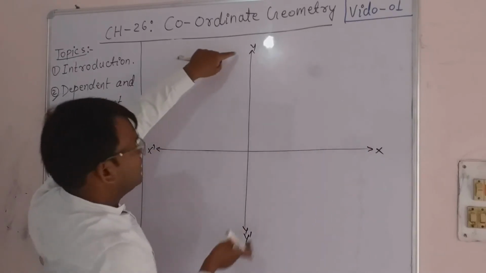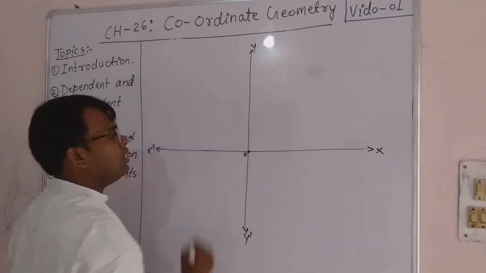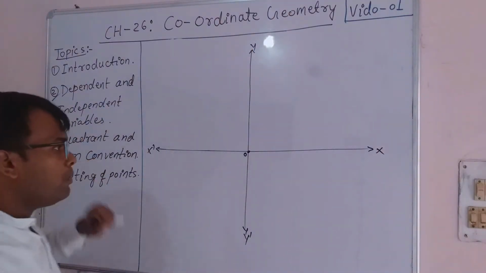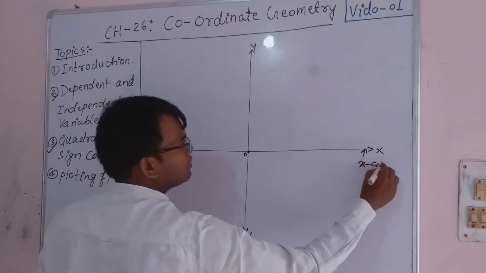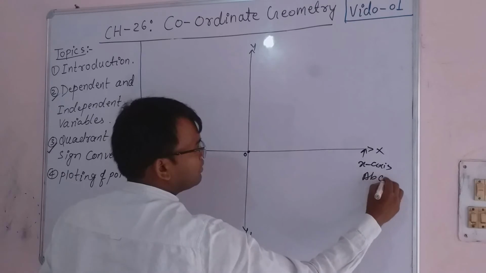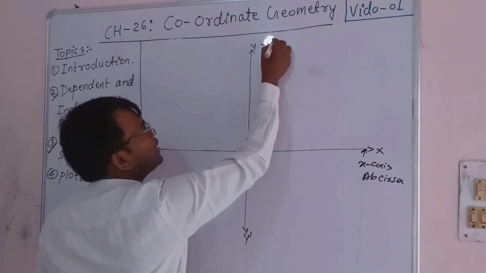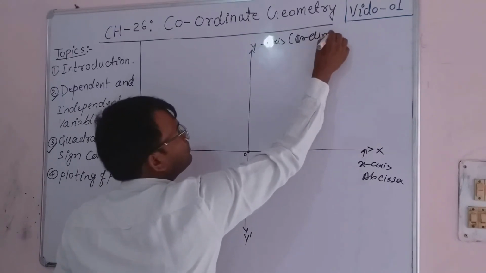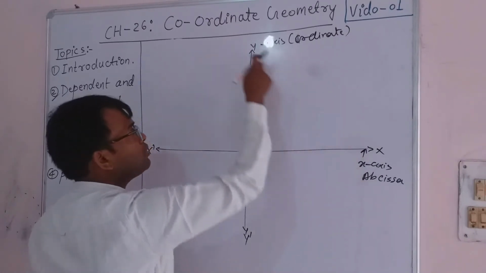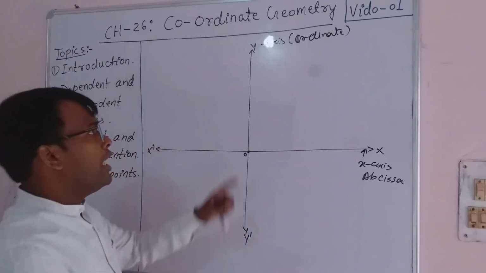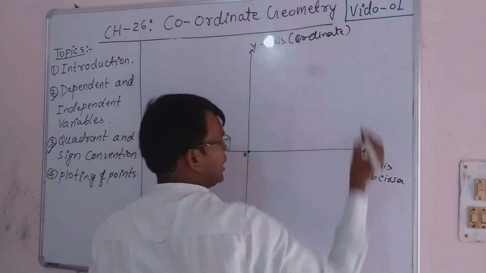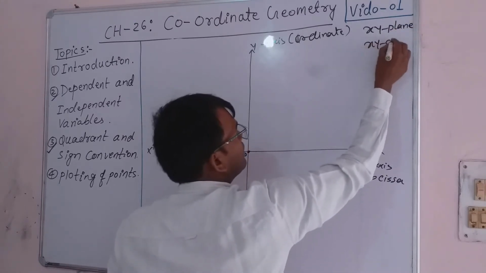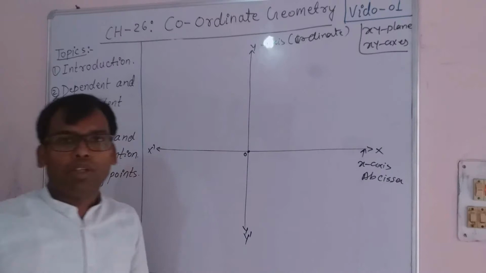This is x dash, this is y dash, and this intersection is the origin. It is denoted by 0, or origin, or pole. This is called the x-axis, also called the abscissa, and this is the y-axis, also called the ordinate. After combining x and y, it is called the xy plane, or the xy axes.